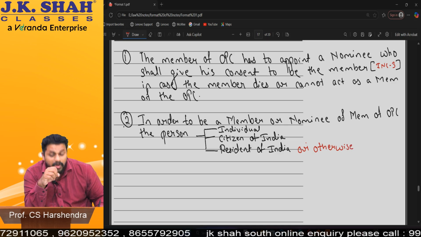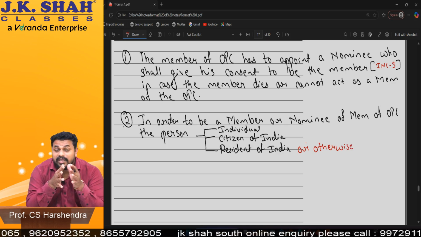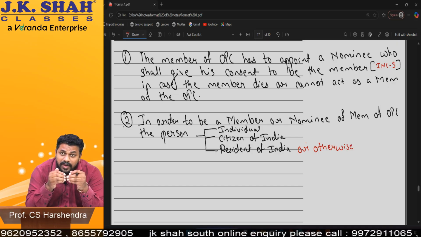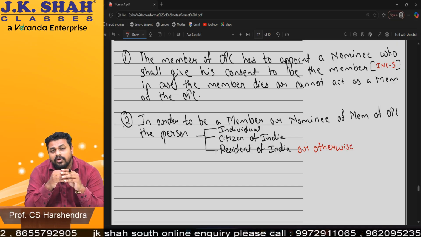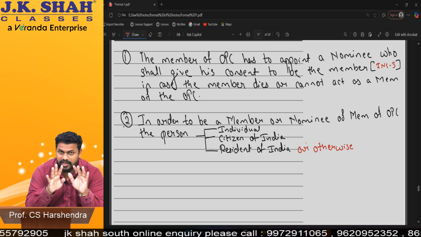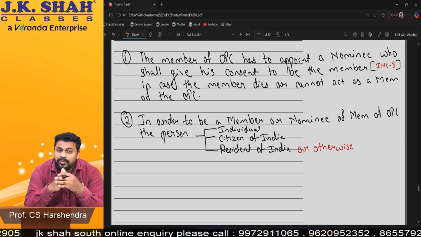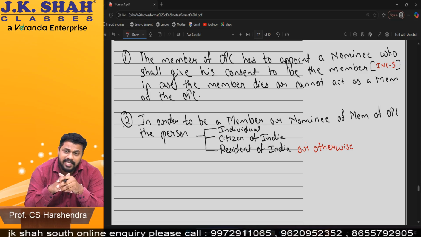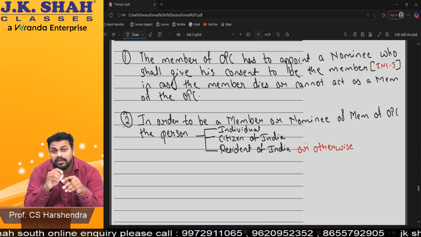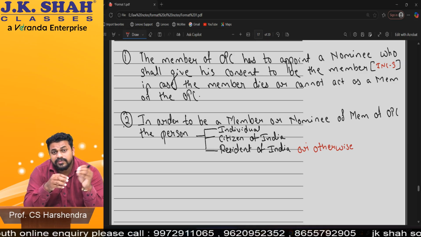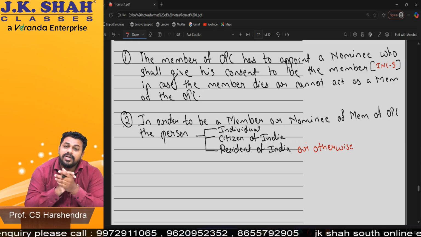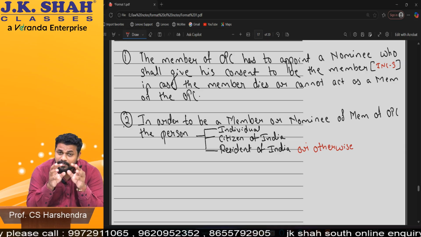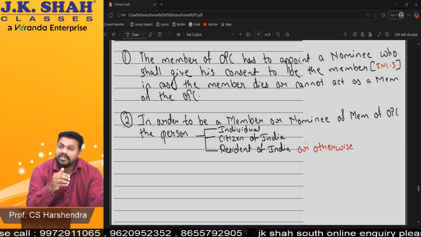What do you mean by or otherwise? It means if you have not stayed in India in the preceding year for 182 days or more, you are not a resident of India. So can you become the nominee? Answer is yes, you can become nominee as well as member, provided you have stayed in India in the preceding financial year for at least 120 days. So the definition of resident of India has changed.